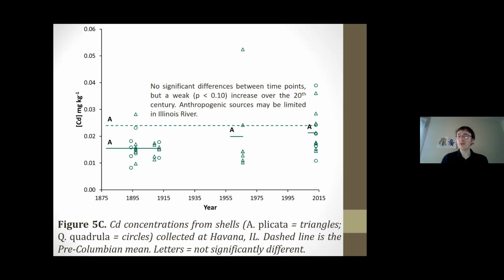So a weak increase, possibly, so some evidence of contamination, but not a lot of change. And so there may be limited anthropogenic sources. Cadmium, at least in the case of the Havana site, seems to just be geologic. It's just kind of the same, or relatively comparable, in all of the shells.